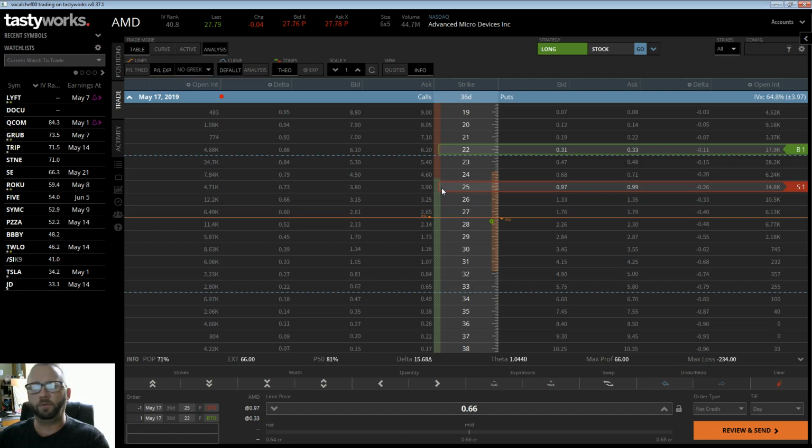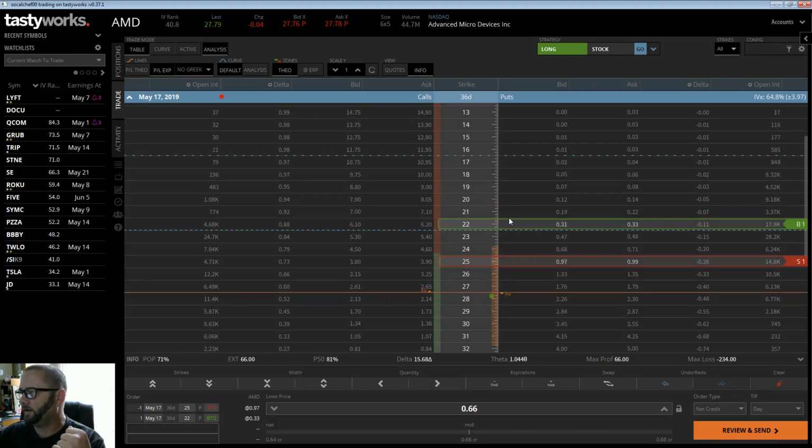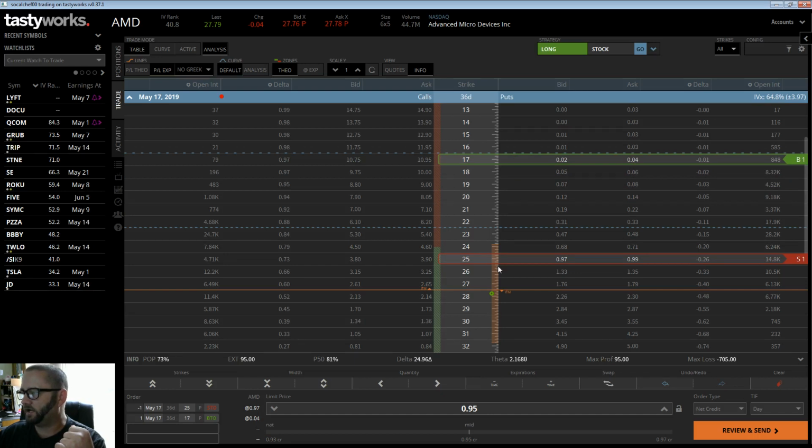That's why I tell people when I'm doing a strangle and you don't have the options approval to do naked puts and calls, try to do at least a $5 wide iron condor, because the further away you are from that short strike, the more your play is going to act like a naked option.